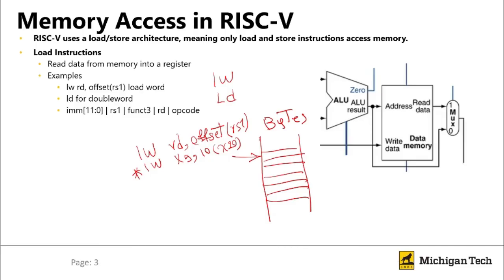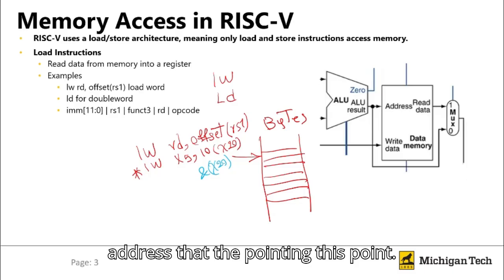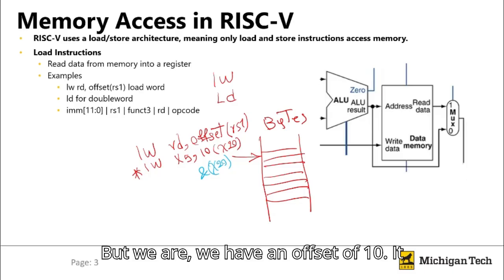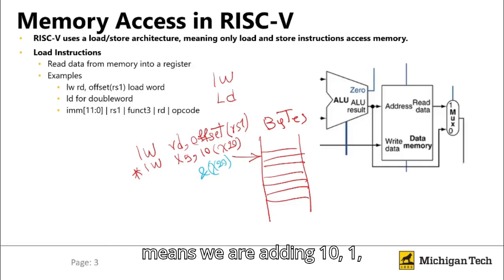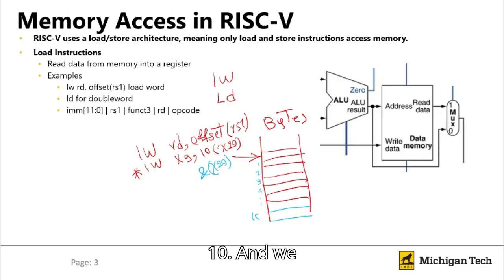So this is like a pointer, x20. This is the address that it's pointing to. But we have an offset of 10. It means we are adding 10 to the address, and we are reading this.